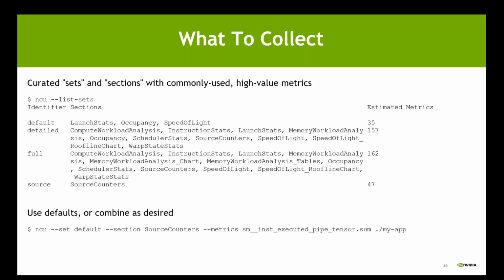And the sections are these logical groupings that I've shown in the UI on the details page. And you can combine them as you want, right? You can say, I want the full set, or I want the source set, or let's say the default set combined with the source counter section, and then this additional SM-int executed pipe tensor metric. So you can really pick and choose on the command line as you want.